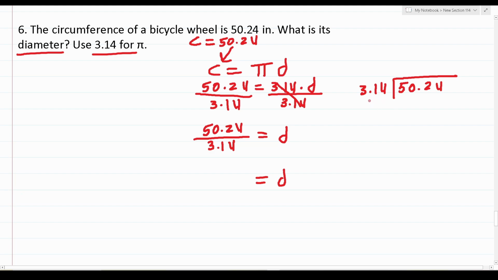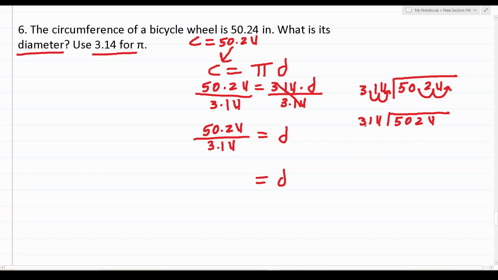So what we have to do is take this decimal in 3.14 and shift it 2 times to make 3.14 into 314. And at the same time, we're going to take this decimal inside the division bracket and shift it 2 times as well to make it 5,024. All right, so now that we cleared the decimal from outside the division bracket, we can go ahead and proceed as we normally would.